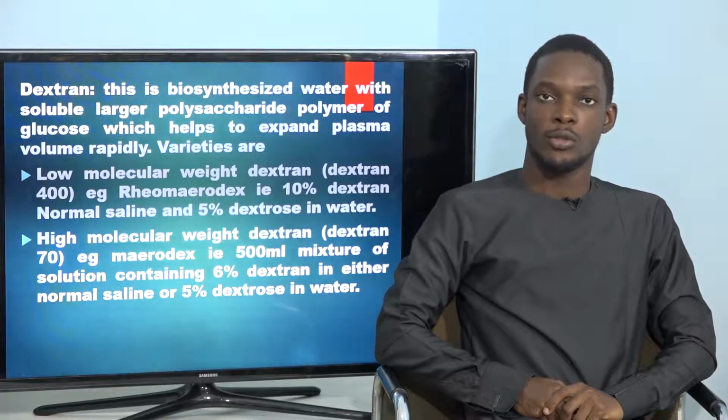It is important to note that in patients with conditions such as sickle cell or cellular congenital abnormalities, dextran may be avoided. There are two varieties of dextran. We have the low molecular weight dextran and the high molecular weight dextran. Low molecular weight dextran can be classically dextran 400, and then high molecular weight dextran can be dextran 70.